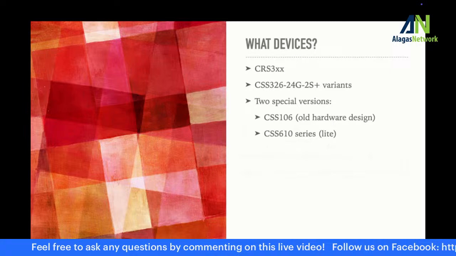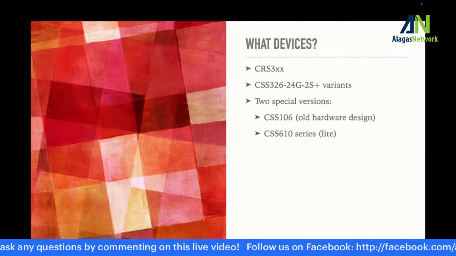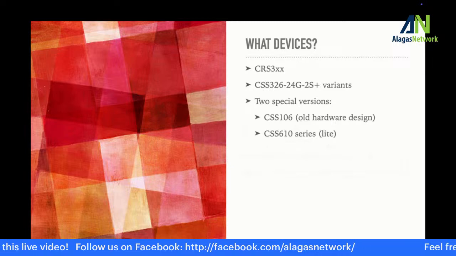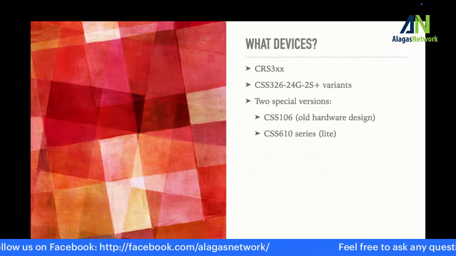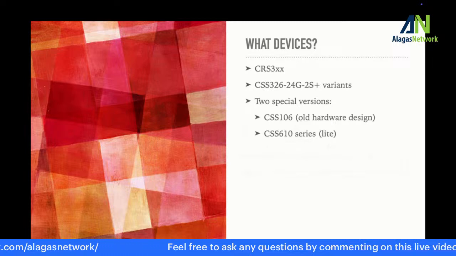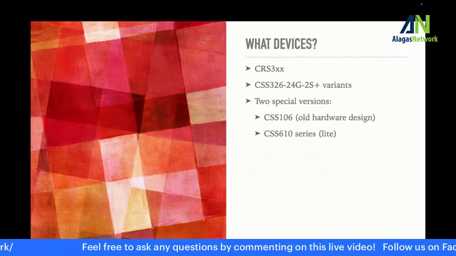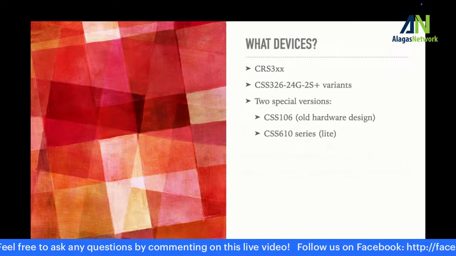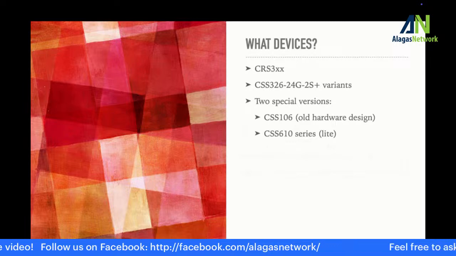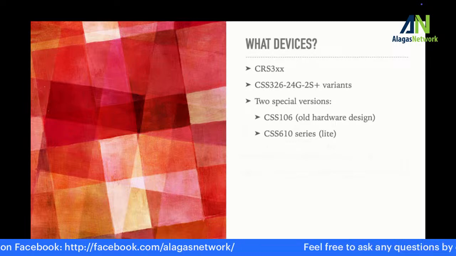The first version is for older hardware. Even though it's still in production, it's still being used well: the CSS 106, also known as the RB260GS and the GSP. It's running a different version of SwOS inside, but of course with the same features.